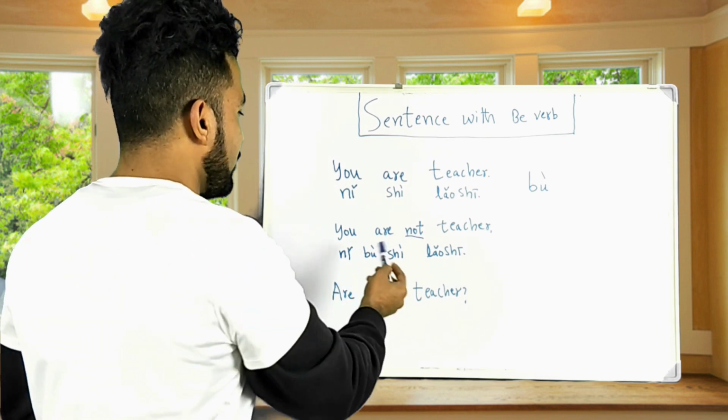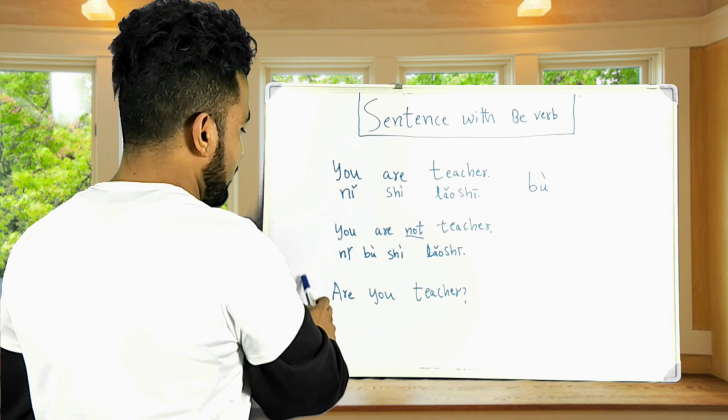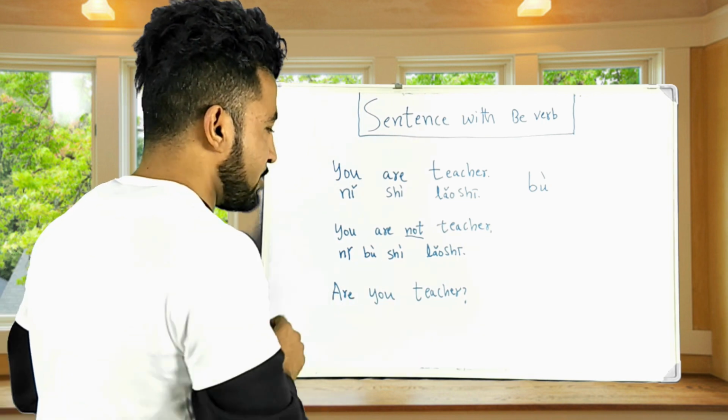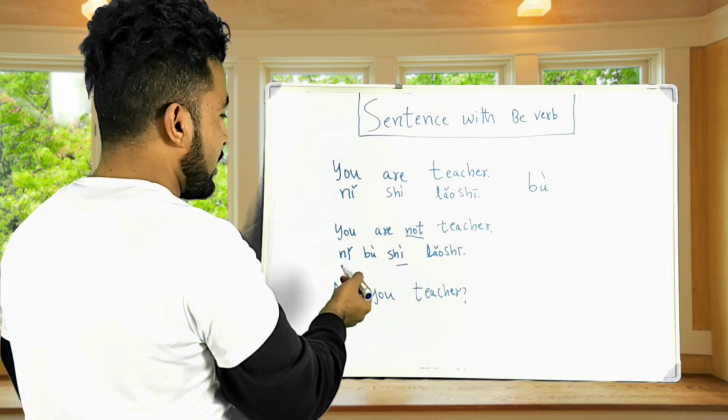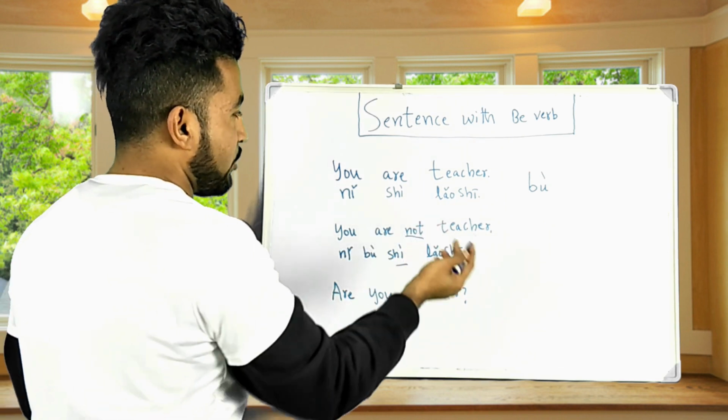Now the question sentence in English is simple. We can bring the be form of verb to the start of the sentence, but in Chinese it's not the same. We cannot bring this 是 to the front. We cannot ask 是你老师吗? No, it's not.